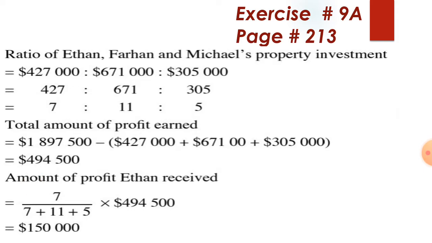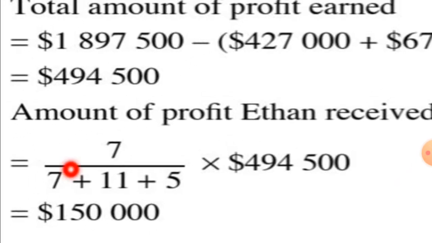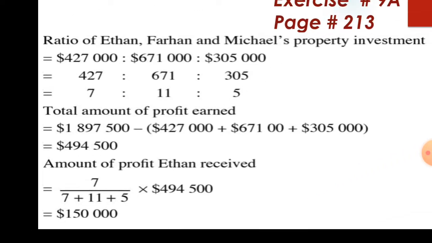Multiply 7 over the sum by the profit earned, $4,94,500. You will get Ethan's profit, which is $1,50,000.